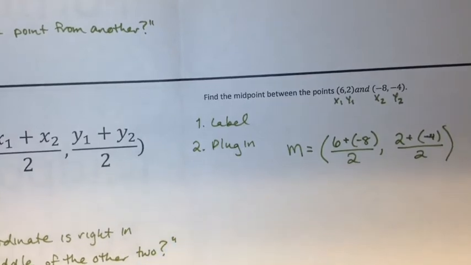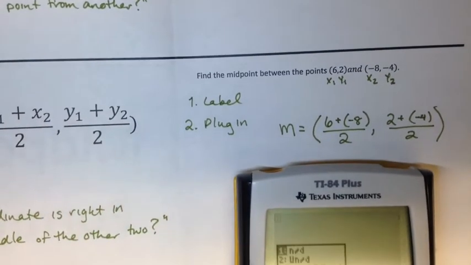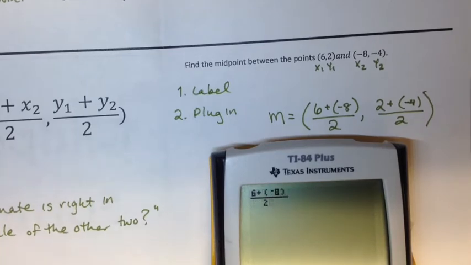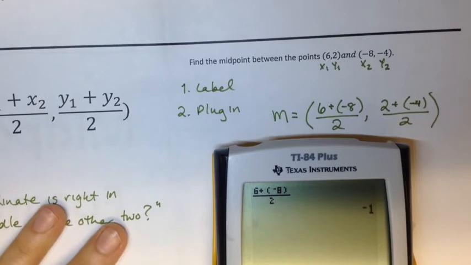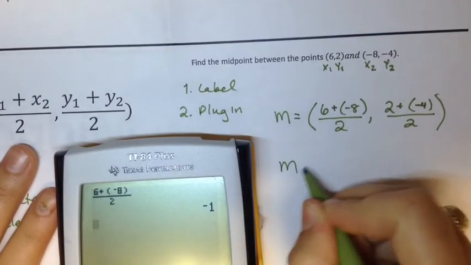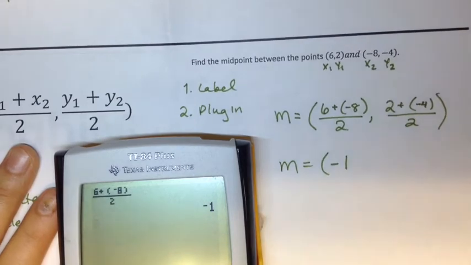Essentially finding the average of both points. We do each of these pieces separately in the calculator. So get the fancy fraction, and we would do 6 plus parentheses negative 8 close parentheses all divided by 2 to find out that the midpoint's x-coordinate is negative 1.